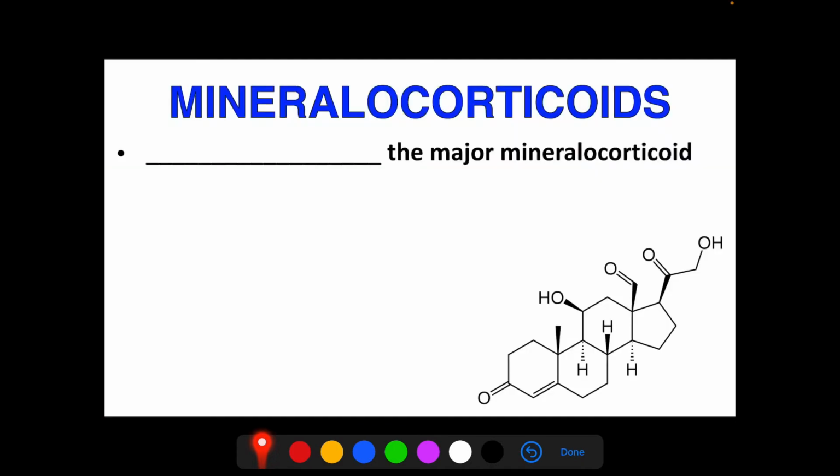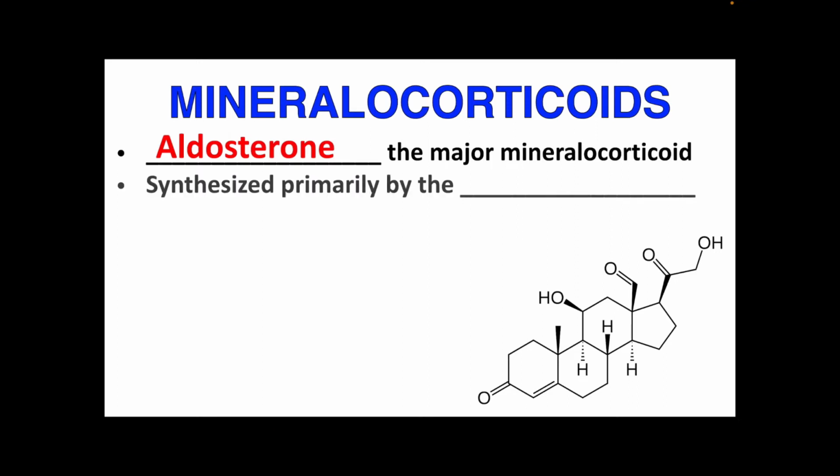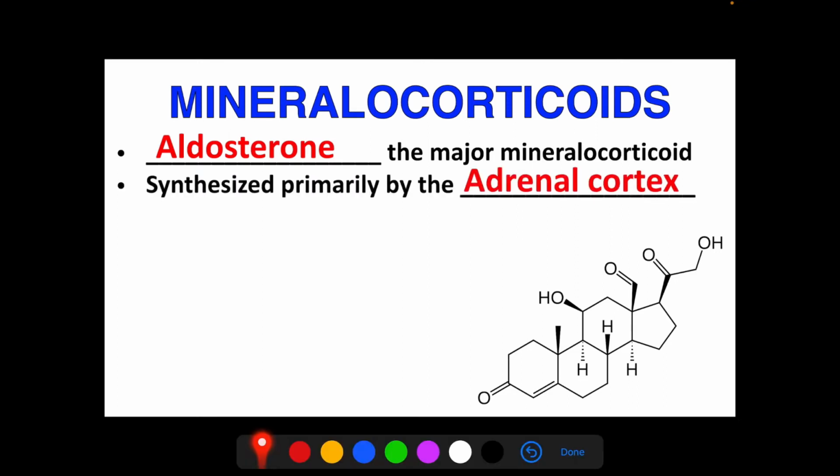And another one, what is again the major mineralocorticoid? So that's the aldosterone that is synthesized primarily by the adrenal cortex, particularly of what zone? So it's the zona glomerulosa, because again, this zone is the only one that contains aldosterone synthase.